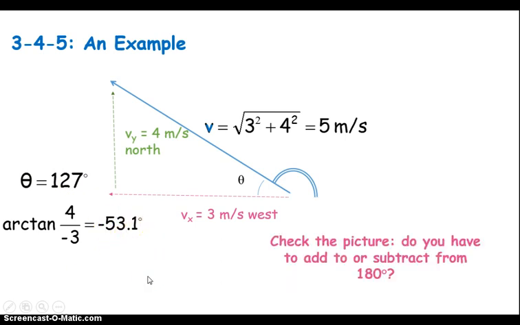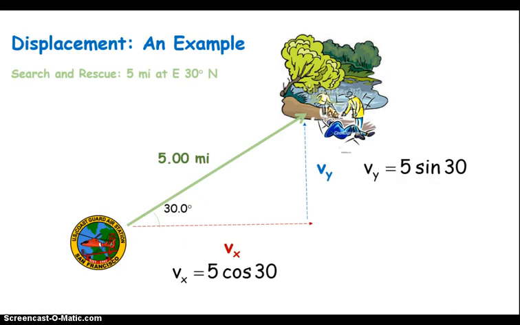Again, check your picture every single time to see whether you have to add or subtract from 180 degrees. That's how you can assemble a regular vector in polar form with a magnitude and direction out of the two components. Now, you can find the components of a vector or use the components of a vector to do something interesting with. Take it away.